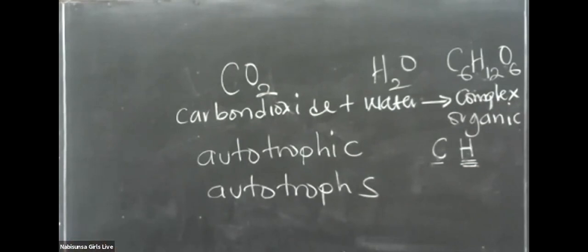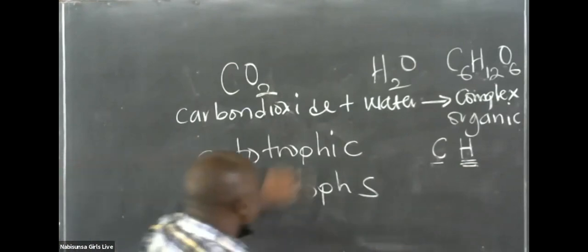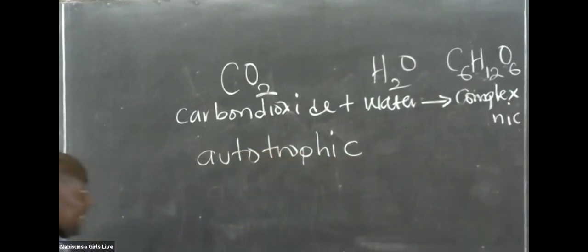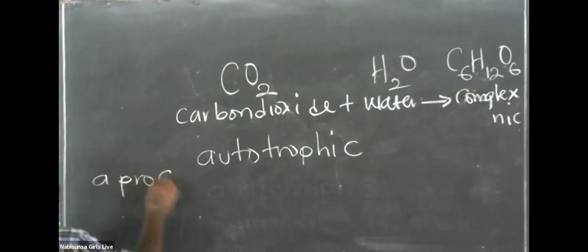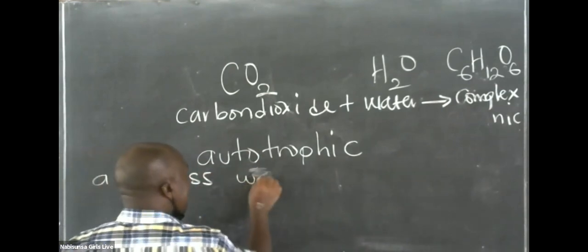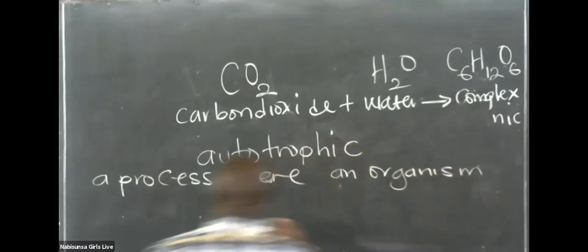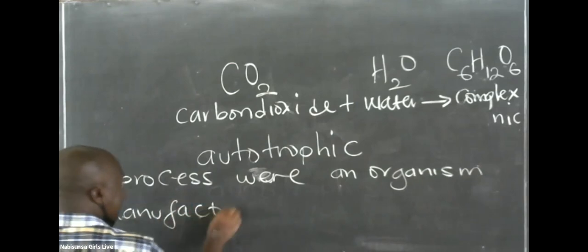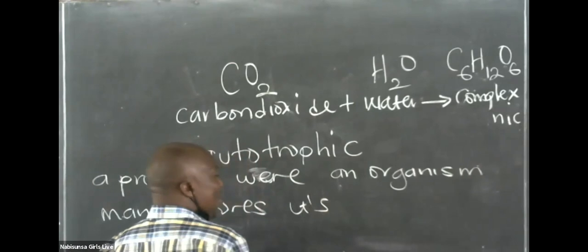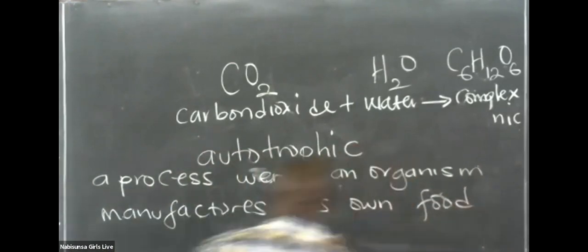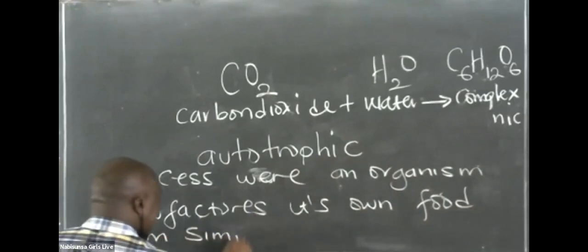Now, autotrophic nutrition, I'm saying this is the process where an organism manufactures its food from simple inorganic compounds.